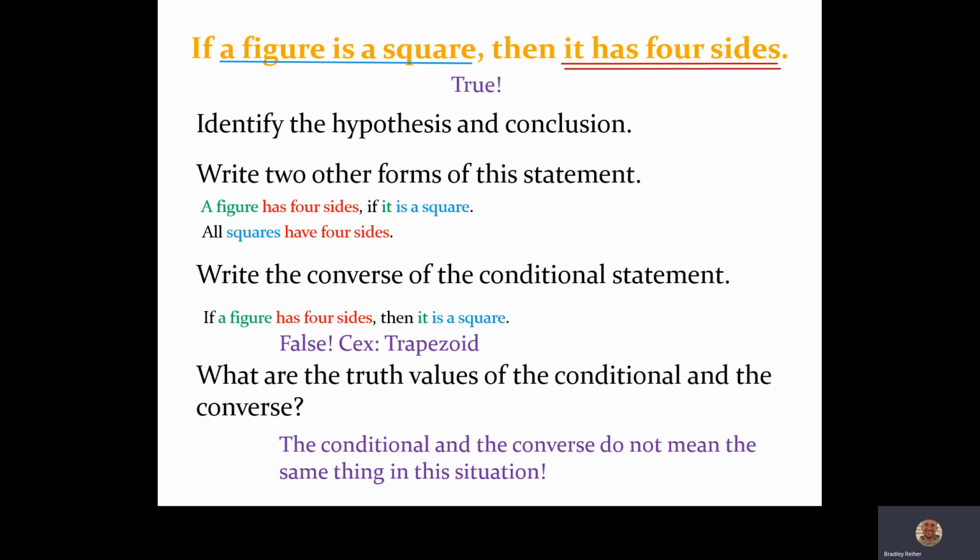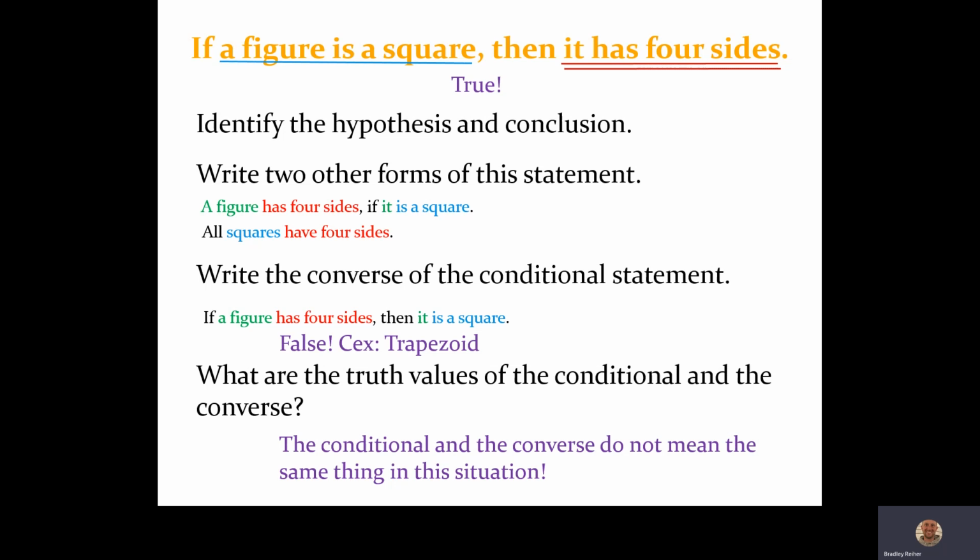If a figure has 4 sides, does it have to be a square? It doesn't. There's a lot of counterexamples to this conjecture. One of them would be a trapezoid. Trapezoids have 4 sides, but trapezoids are not squares.